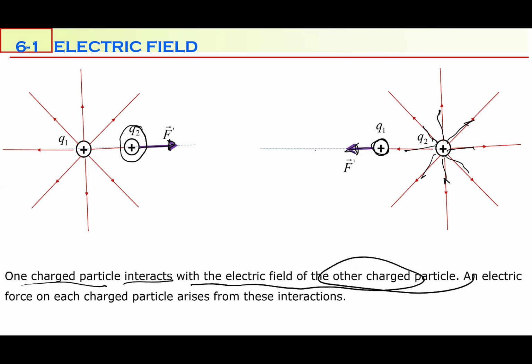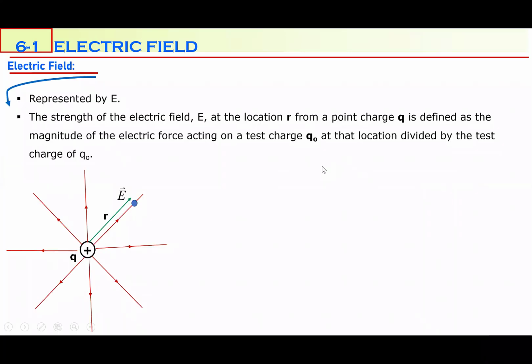So each charge experiences a force, an electric force, because of the electric field of another charge. Electric field is represented by E, capital E. The electric field symbol is capital E. This definition is going to be studied in chapter 5 as well. Same definition. Now learn this definition because you will meet it again in chapter 5.